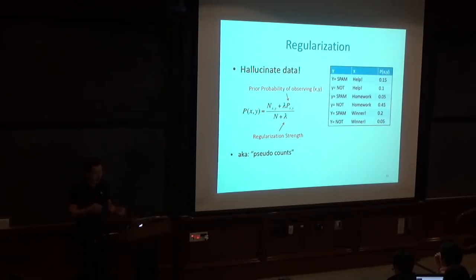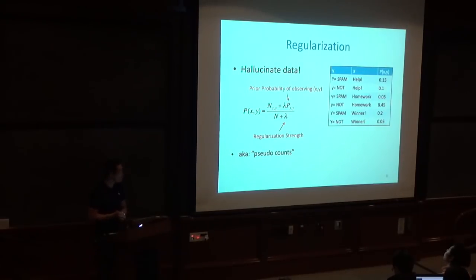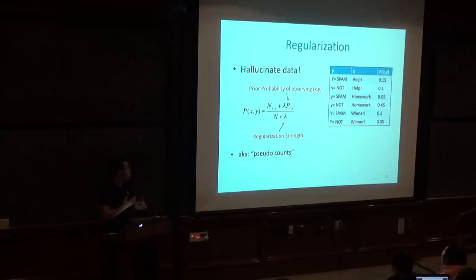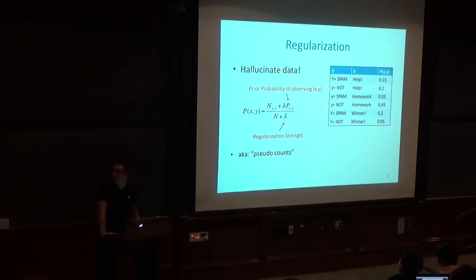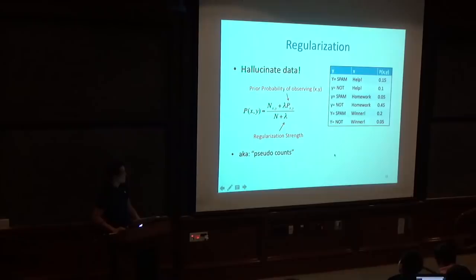Okay, of course, we may want to do some regularization. And the most common way of doing regularization for these types of function classes is to hallucinate training data. We talked about this briefly in the first week of class, I believe, or second week of class. These are also known as quote-unquote pseudo counts.